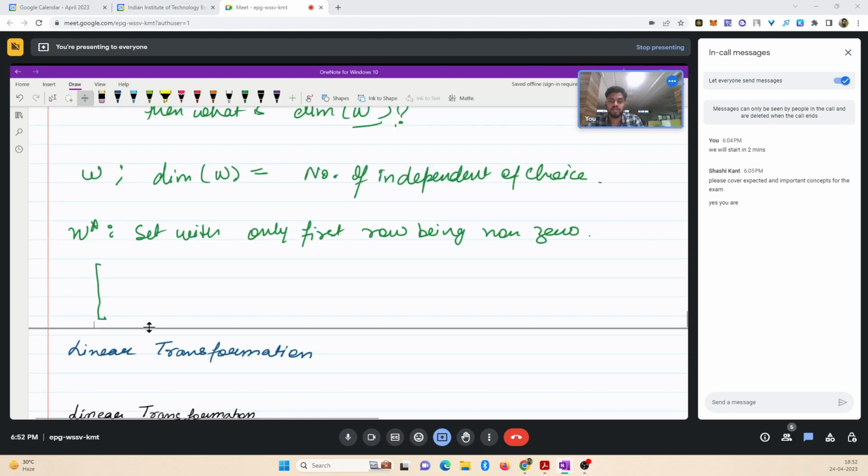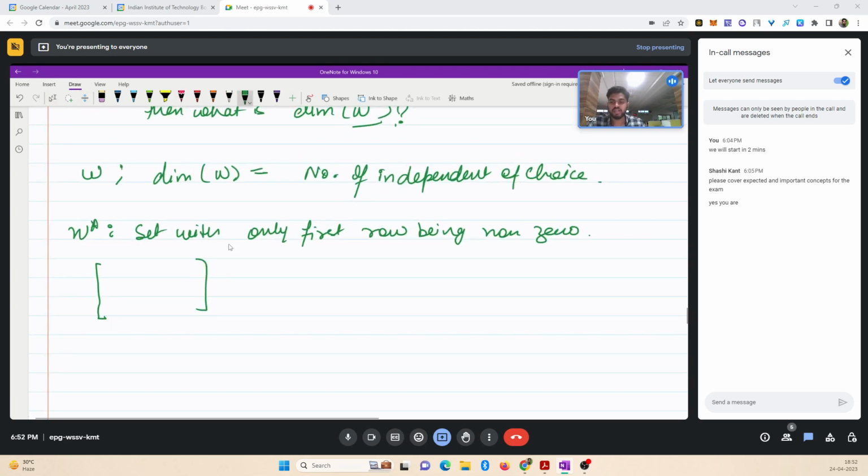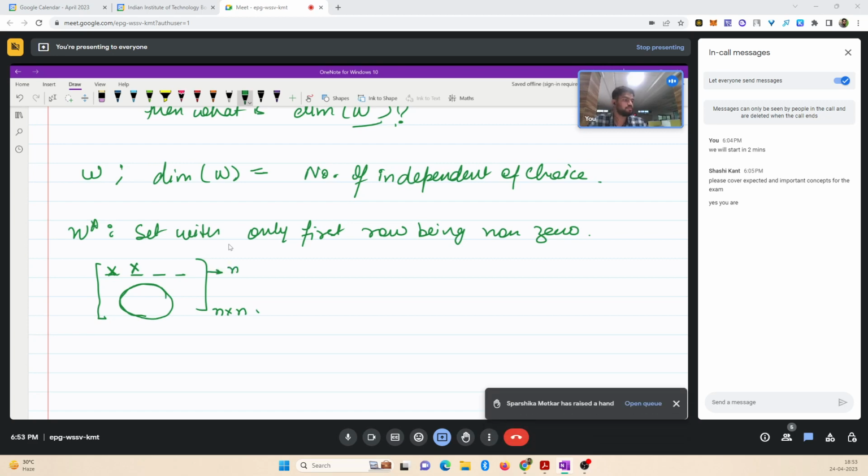How would that element look? It will have some entries on these positions and everything else is zero. If you want to make an element of this set, you have these places to fill of your choice. You can fill anything over here, but wherever you have zero, you don't have any choice at all, right? You can't decide what to fill. So if this is an n cross n matrix, how many choices do you have to fill? You have to fill n such choices.